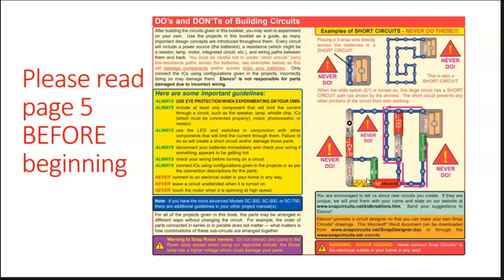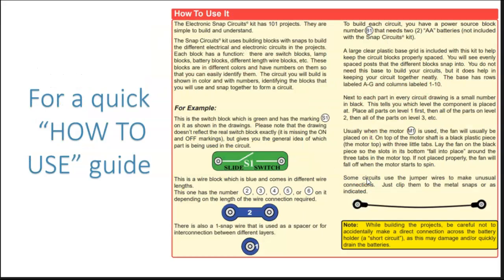There are many, many great activities for you to follow. So if you haven't already worked with snaps at some point, go ahead and read page 5. It'll give you some great ideas on the proper way to use the different materials in the snap circuits. One thing that I will ask is if you are using the jumper wires, be sure and pull them off by the hard metal part and not the wire.